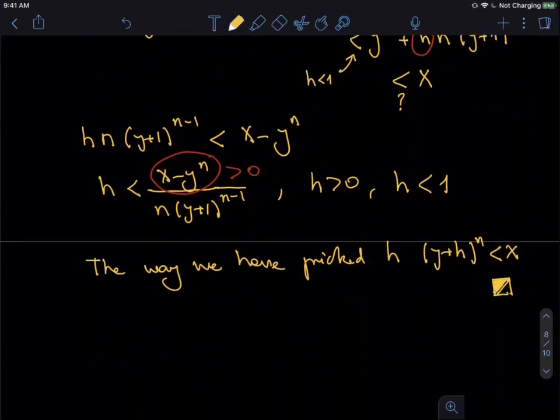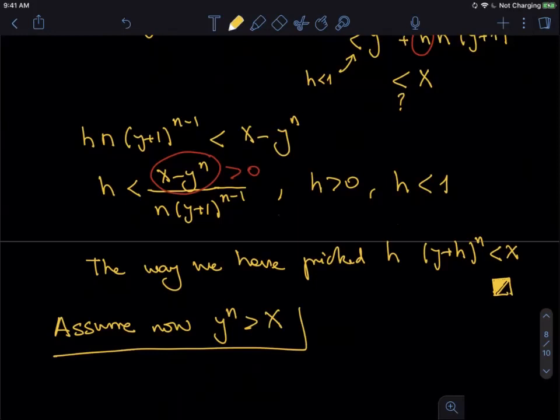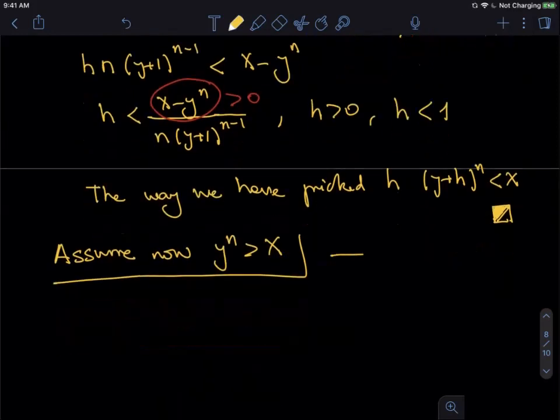Okay, so we need to do the second part. So let's assume now that y^n is bigger than x, and this will finish the proof. So let's do it. So in this case, it kind of flips things around.